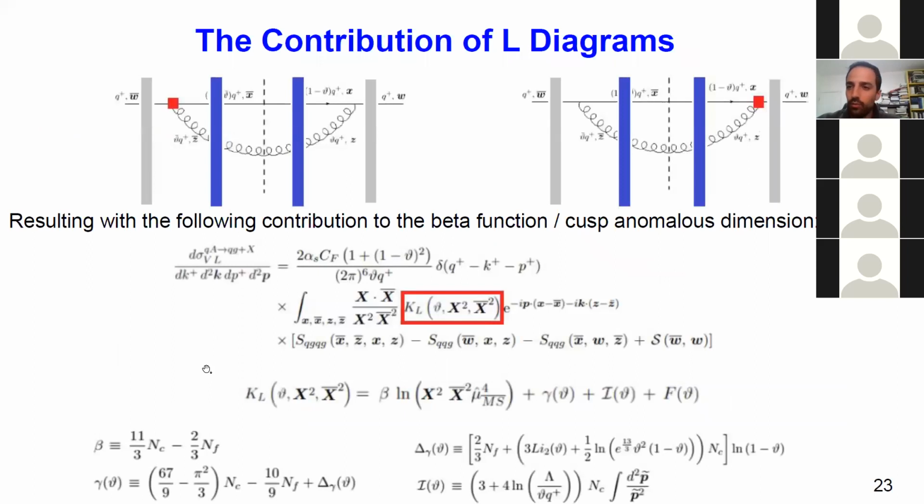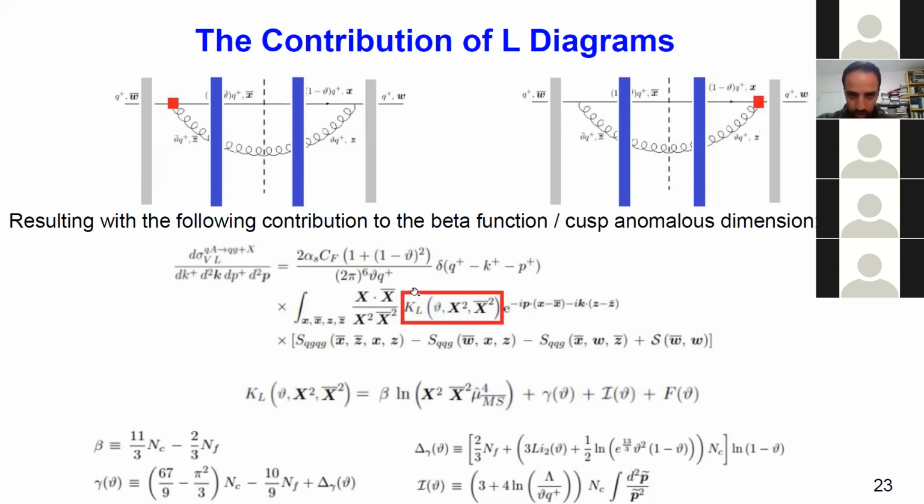Now, if we take the remaining finite piece of the outgoing state after combining all the relevant contributions and the cancellation of the infrared logs, we can write down the result using the same structure as the leading order. But now you can see that we have to introduce some kernel.